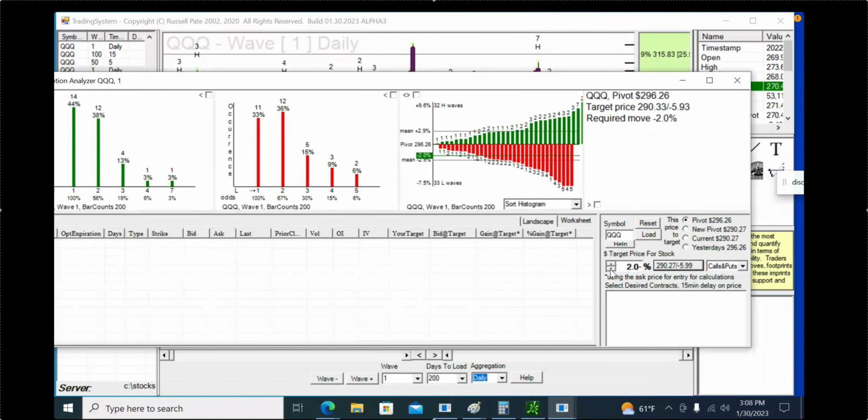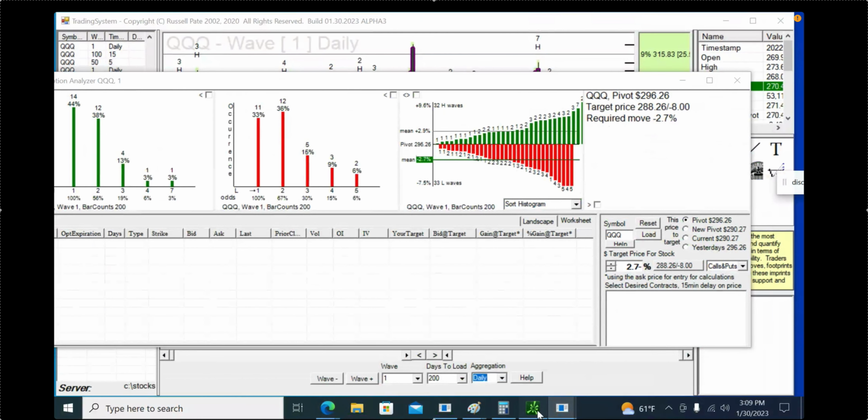So I push down. Minus 2.7 from the pivot would be really this next set of L2s, and you can see there's symmetry there. They're all flatlining, which is a good sign. That brings us to 288.26.